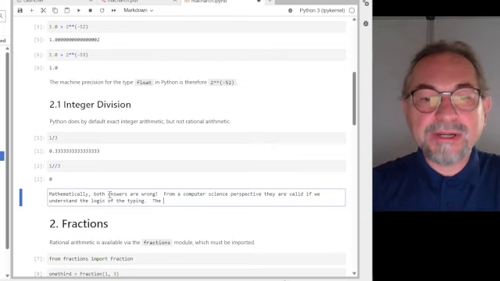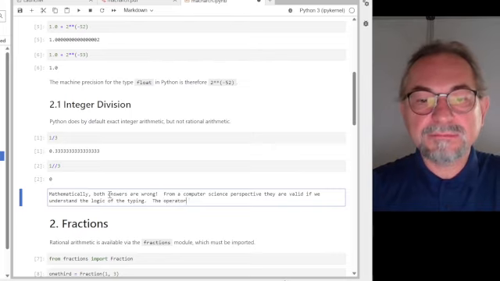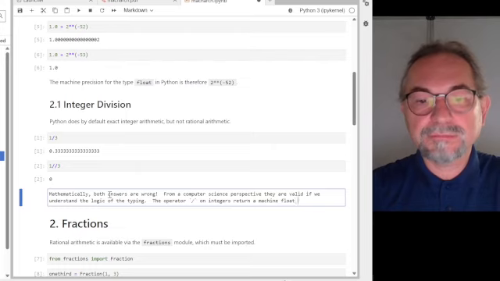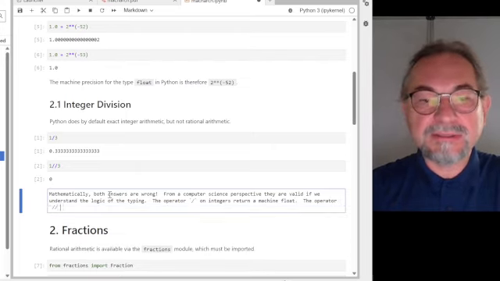So the slash operator on integers returns a machine float. The operator double slash returns the quotient of the integer division.